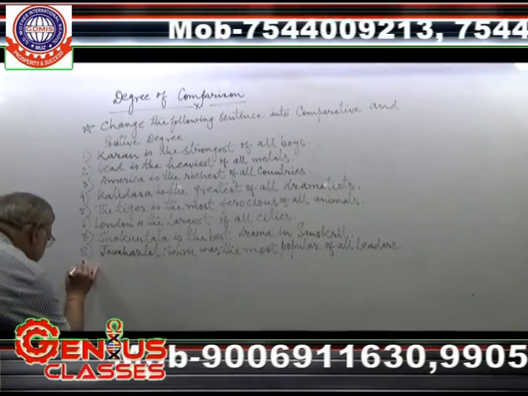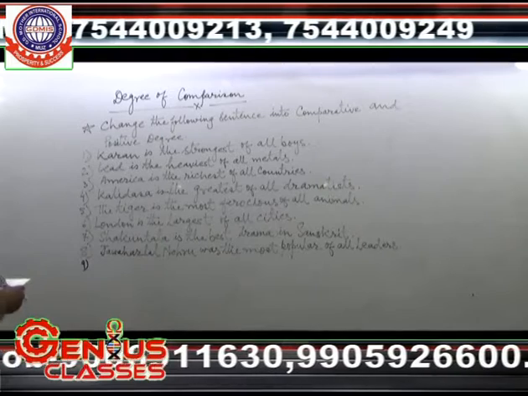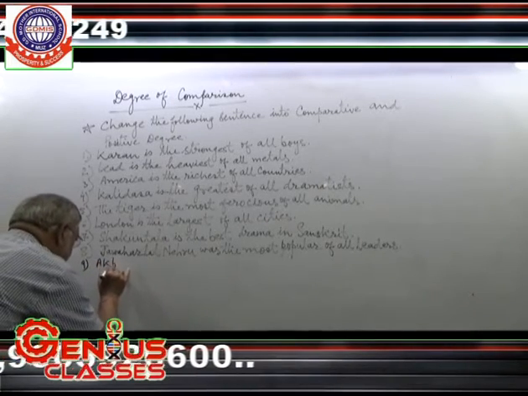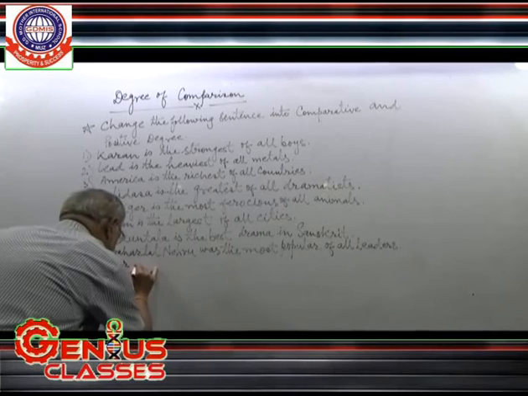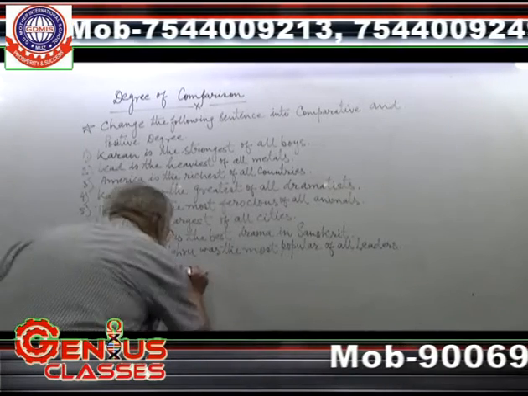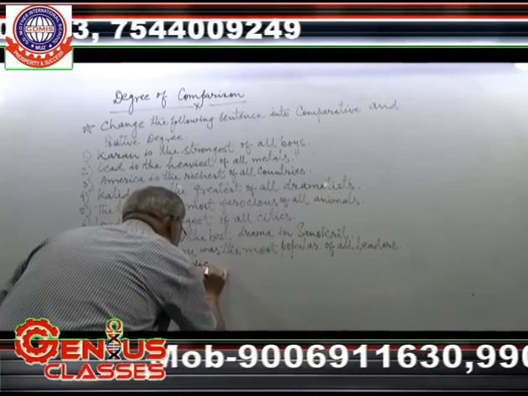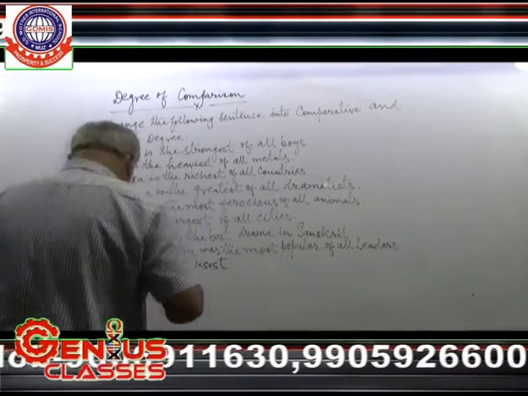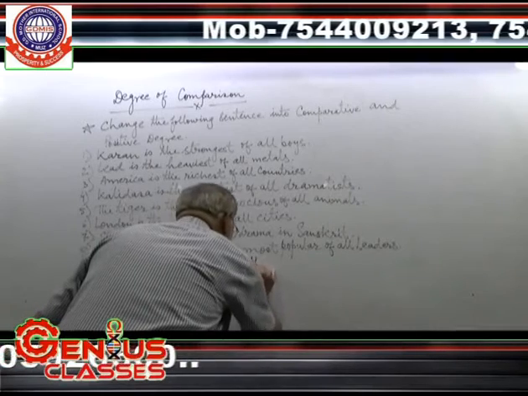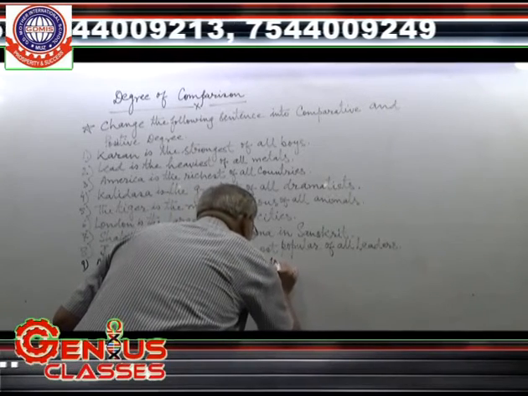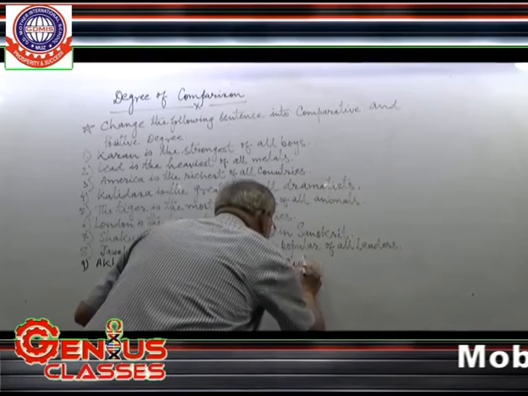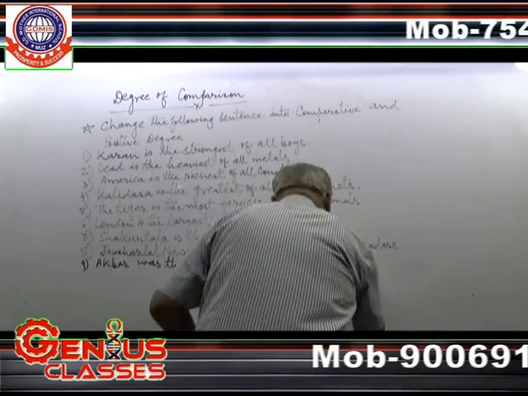Now, question number 9. Akbar was the wisest of all Mughal emperors.